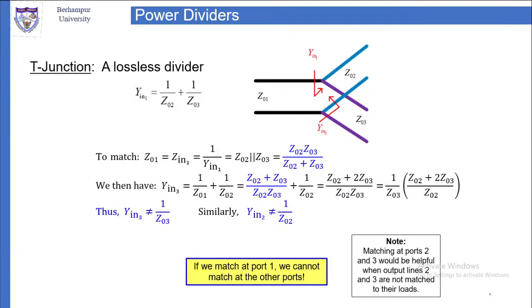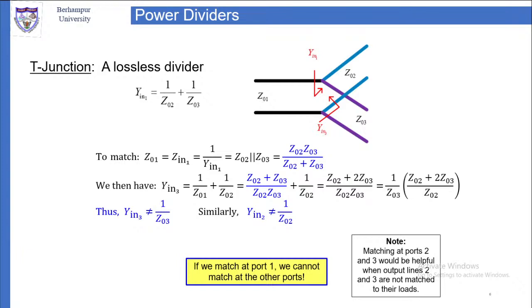Now, if we want a matching at the junction, then the input impedance seen at the junction should be equal to the characteristic impedance of the line. So Z01, which is the characteristic impedance of the line, should be equal to Z in 1. What is Z in 1? Z in 1 is equal to 1 upon Y in 1, which is Z02 in parallel with Z03.